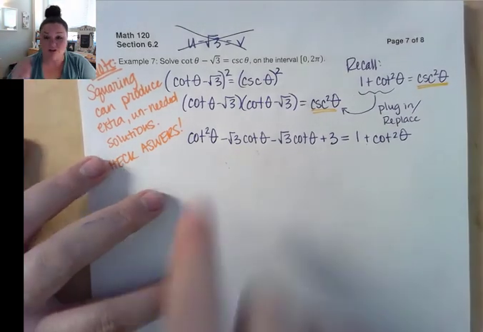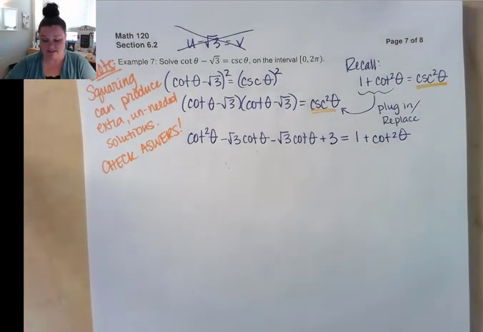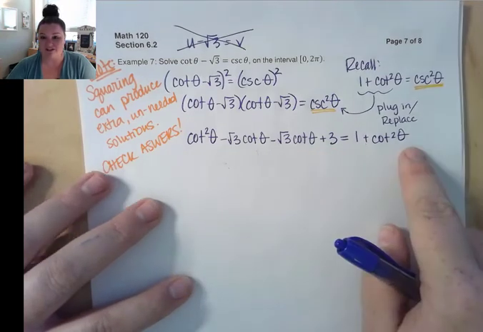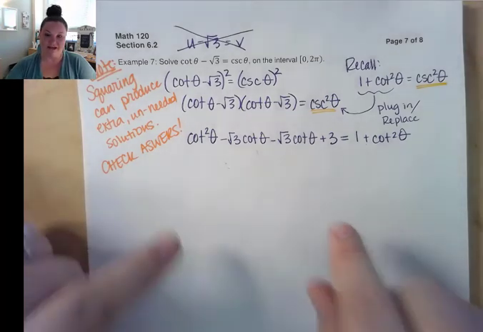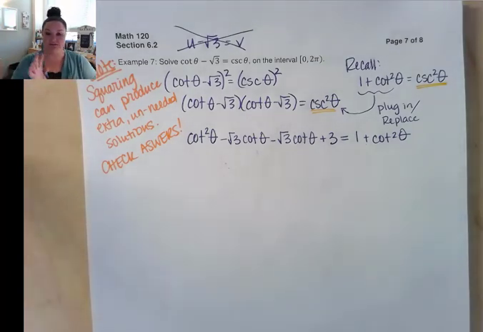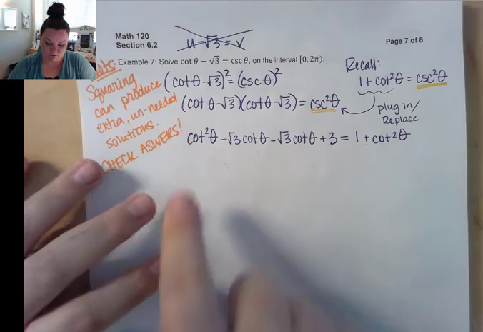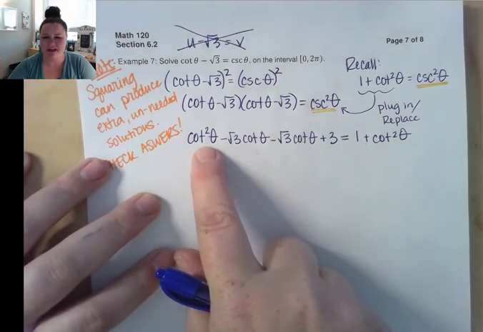But now the good news is, even though it kind of looks bigger and messier, it all has cotangent. So that's good. We like having only one trig function. All right, so let's see what simplifying we could do. If I were to try to get everything on one side so that it's equal to 0, because I see I have a squared term, that makes me think maybe I'm going to have to factor.